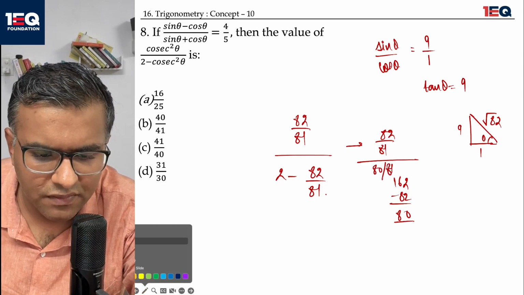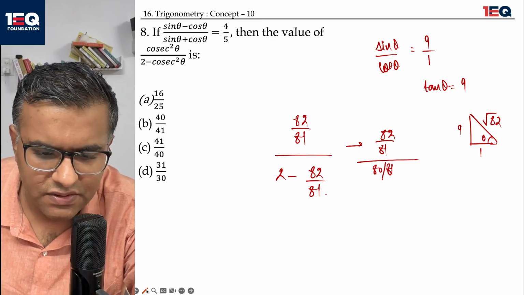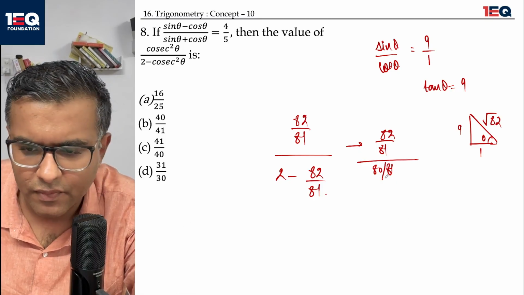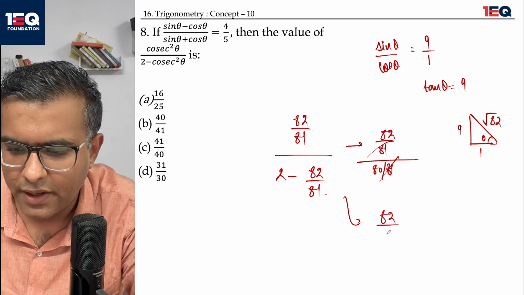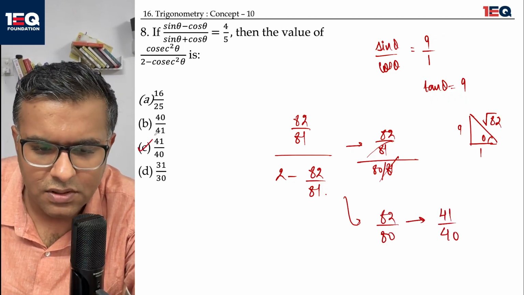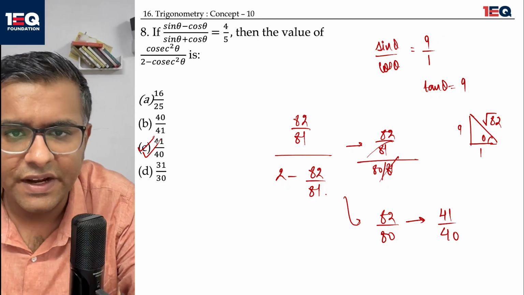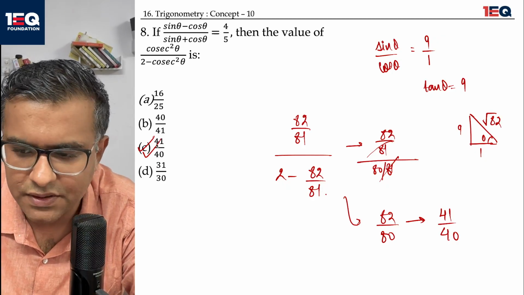Let me remove this calculation from your side because that wasn't really necessary, right? The 81 and the 81 get cancelled. What I'm left with is 82 over 80. This would give me 41 over 40 as my response. So this is the final answer.